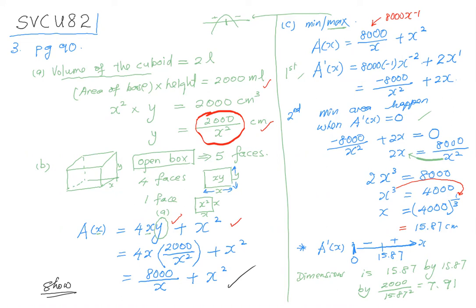My question was, when you did the A prime x, did you just do the chain rule? No, I'm using simple rule. Simple rule for both.